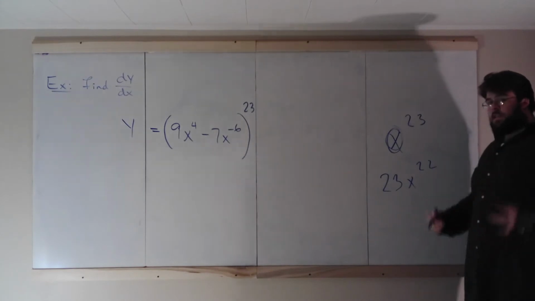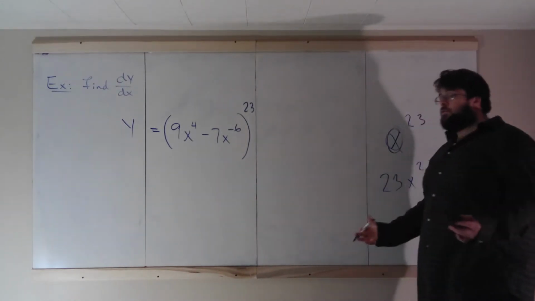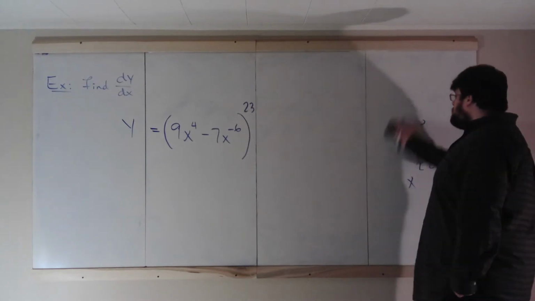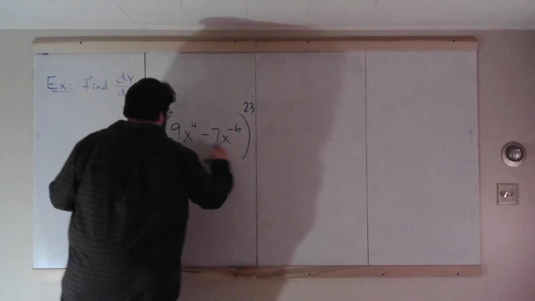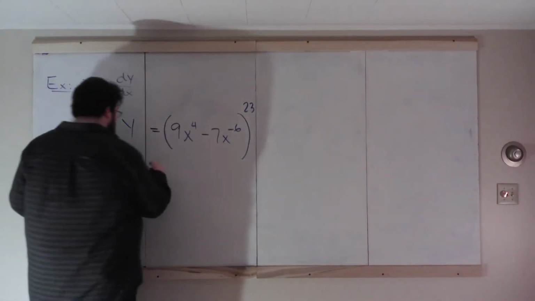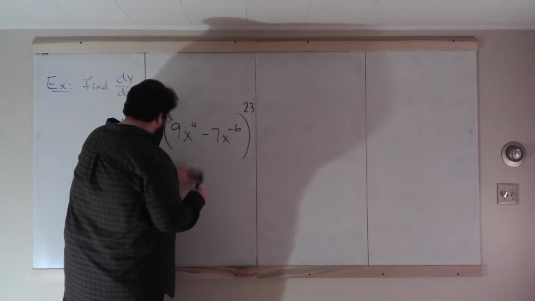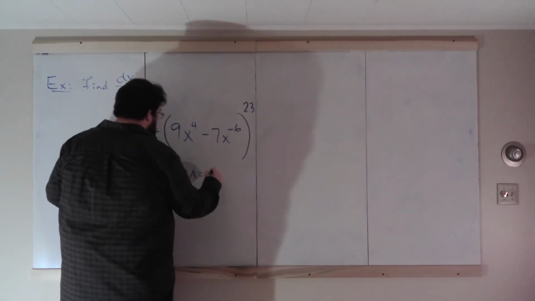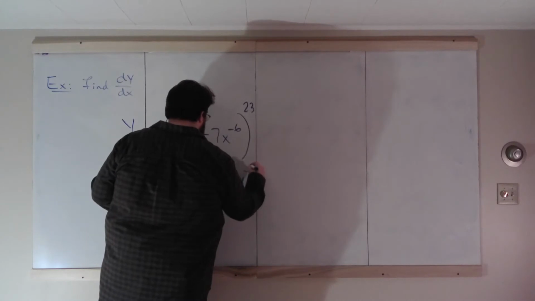When your x is a lot more than just an x, you can use chain rule. So let's do that. Let all of this be a u. Let u equal 9x to the 4 minus 7x to the negative 6.